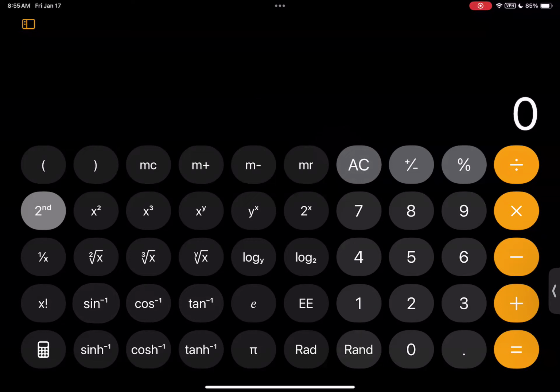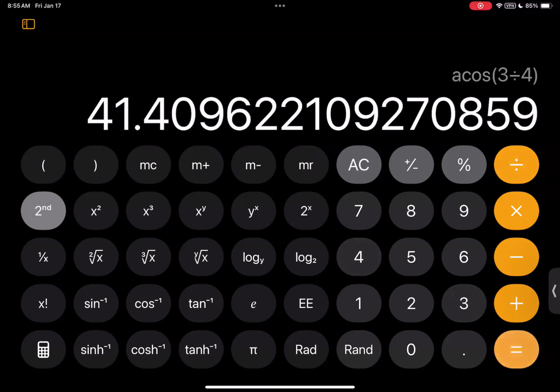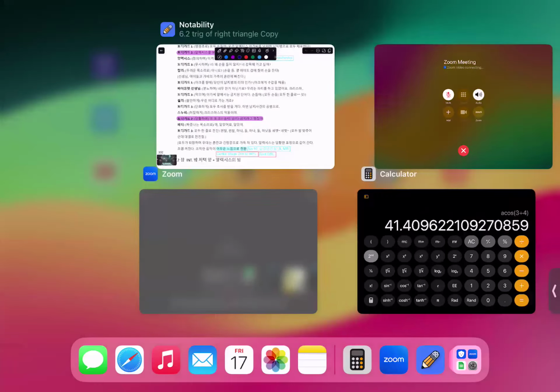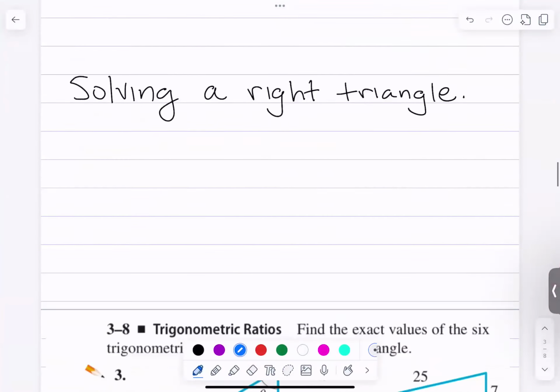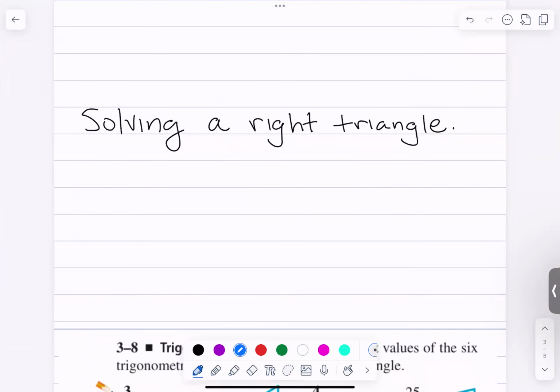So let's say you have cosine inverse of 3 divided by 4. That would be the angle. Okay. So that's how you would use a triangle or calculator.